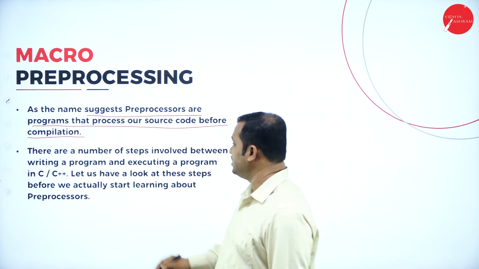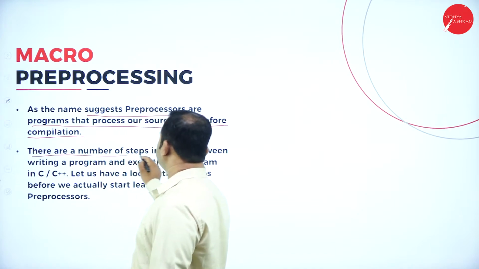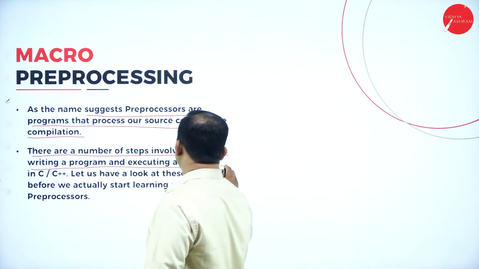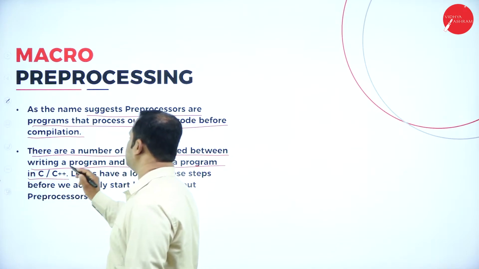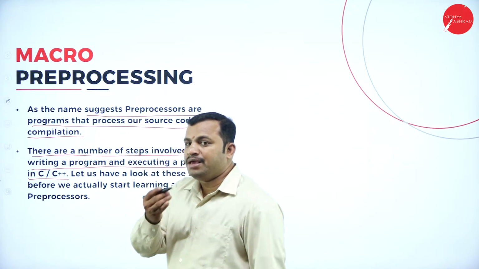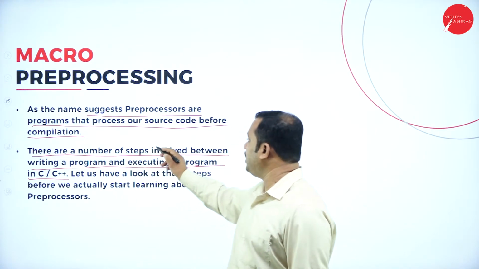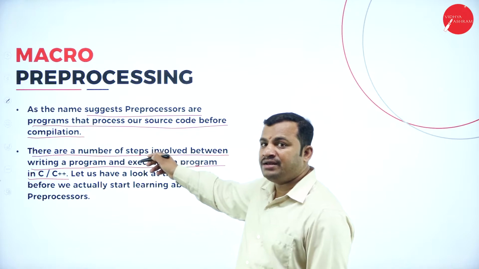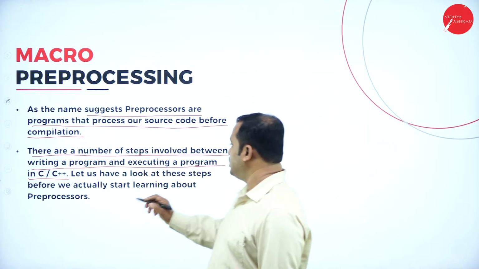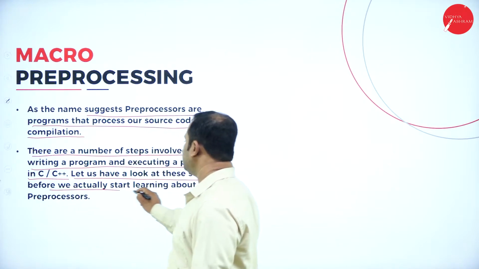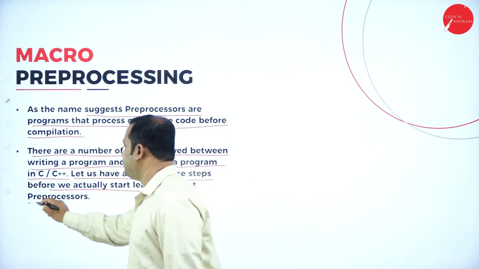There are a number of steps involved between writing a program and executing a program in C or C++. Whether it is a C language or a C++ language, it has to follow certain steps. These steps start with learning about preprocessors.